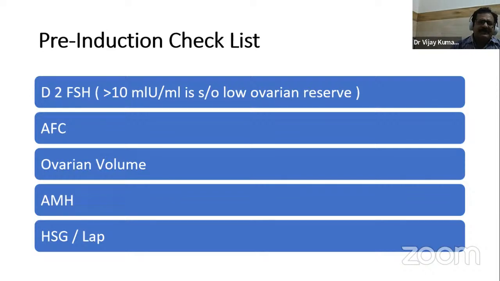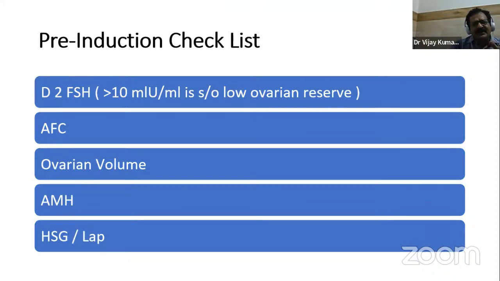The other parameter is the AMH. AMH is a very ideal tool in order to estimate the ovarian reserve, and a value of about 3 to 7 indicates the good ovarian reserve.